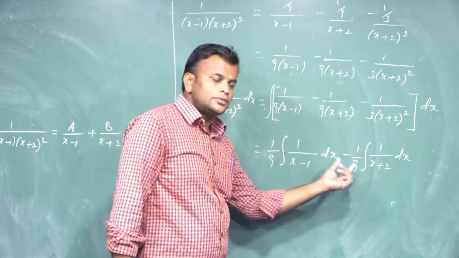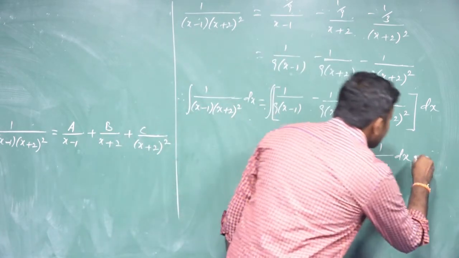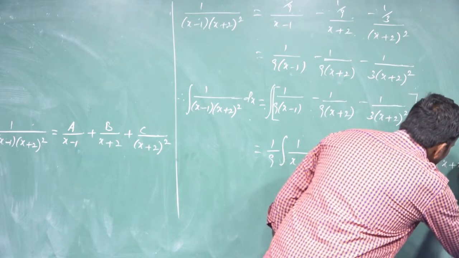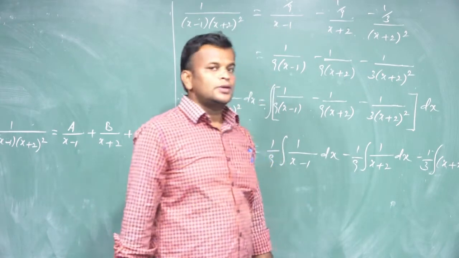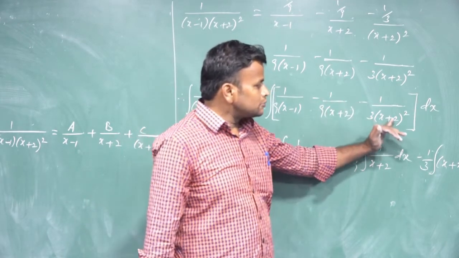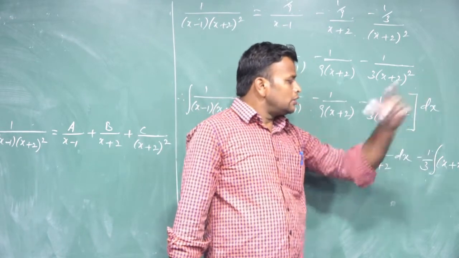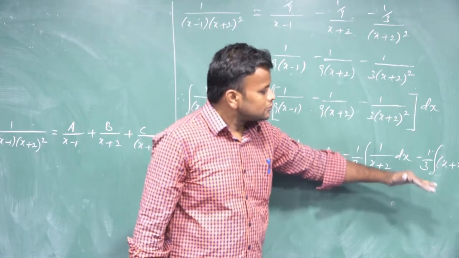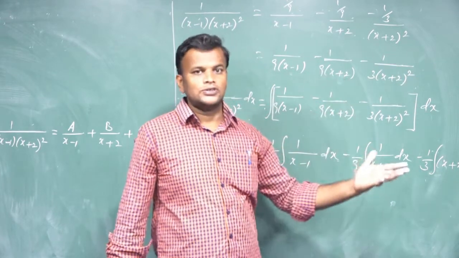Directly it is a formula, log of, so I write. In the third one you see minus 1 by 3 of integrating x plus 2 whole power minus 2. In the denominator there is no formula for x plus 2 the whole square, so the denominator term goes to the numerator. We take outside minus 1 by 3. The x plus 2 the whole square term goes to the numerator, it becomes x plus 2 whole power minus 2.